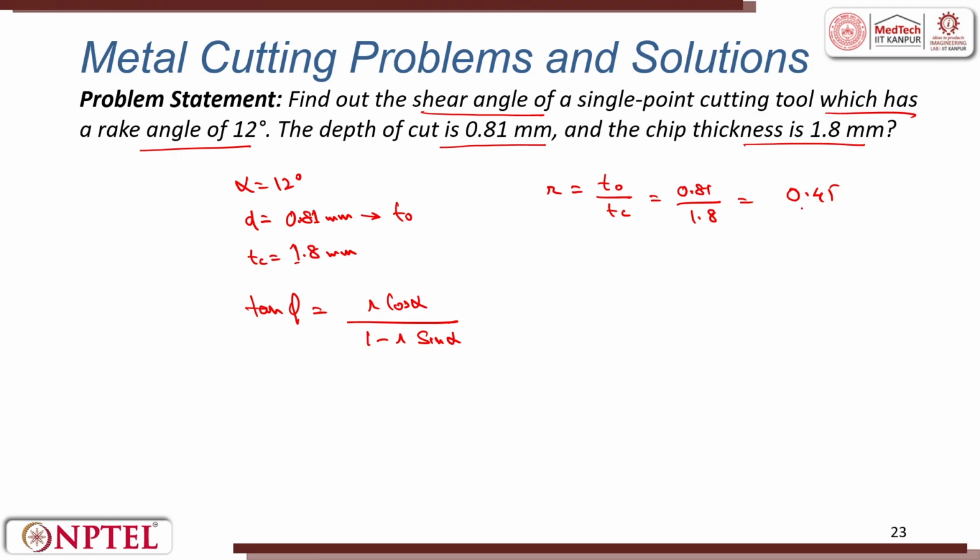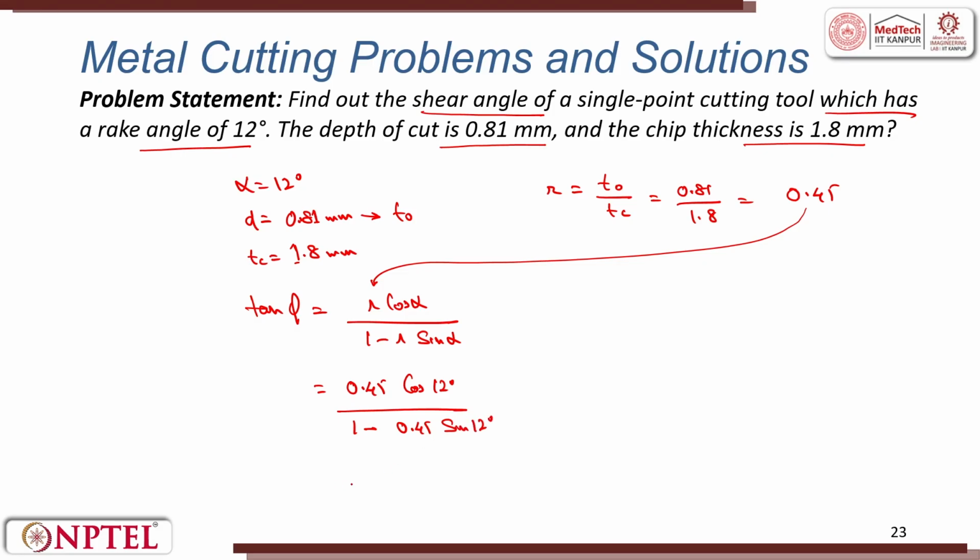So this value of R will be put here, and alpha value is also given. We get 0.45 into cos of 12 degrees by 1 minus 0.45 into sine of 12 degrees.